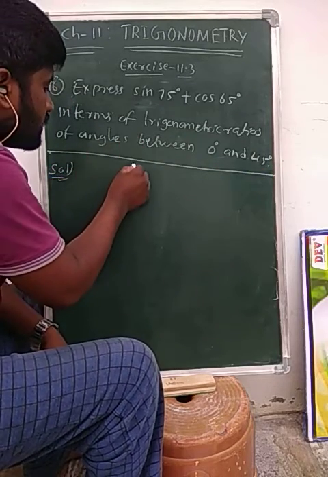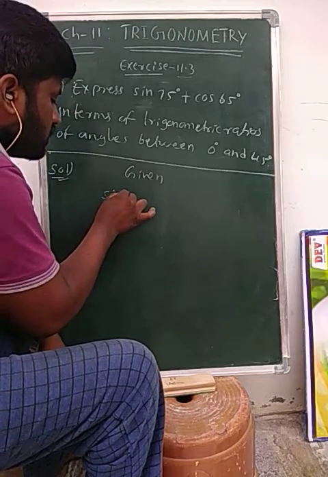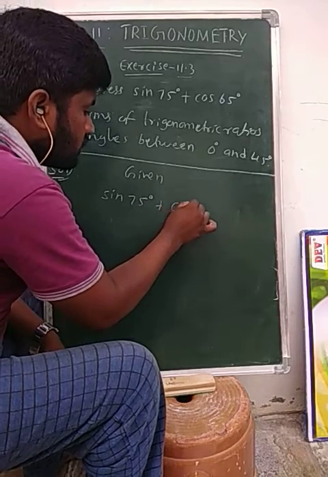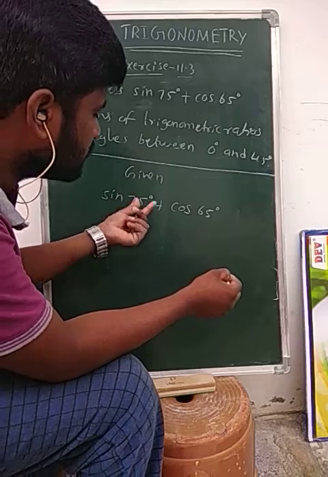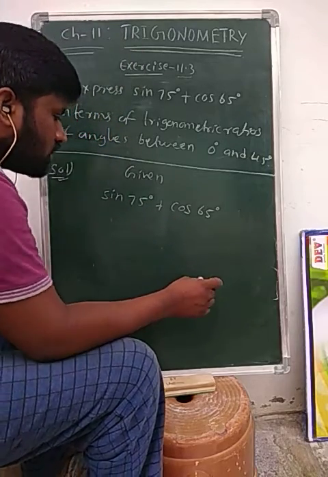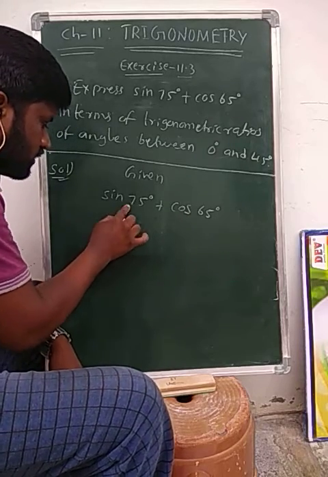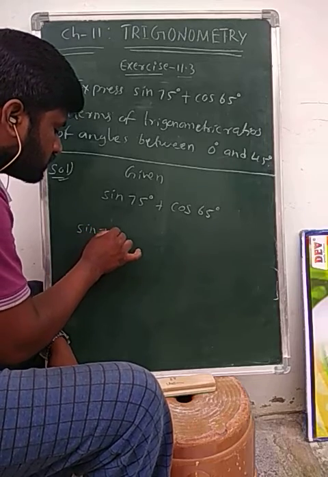What is the given data? Given sin 75 degrees plus cos 65 degrees. Then what I am taking individually, first of all, sin 75 degrees.